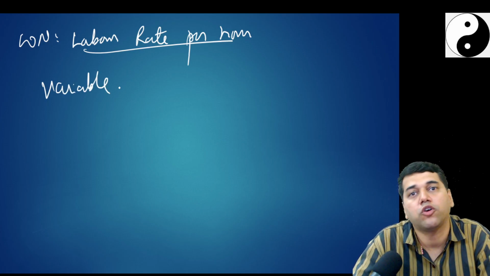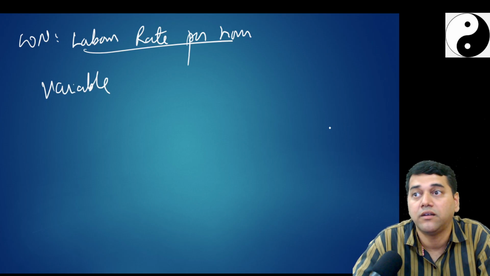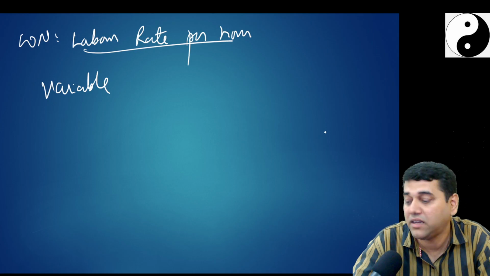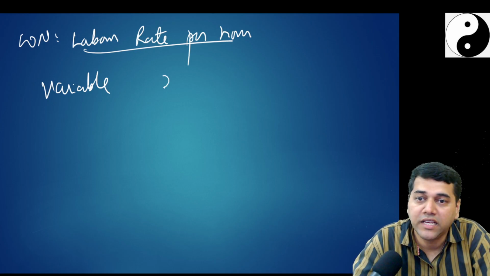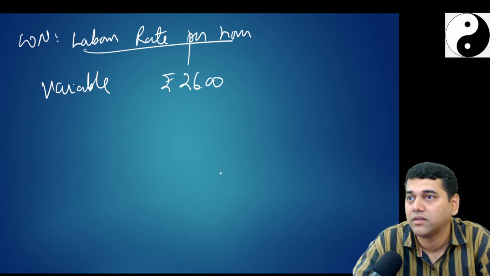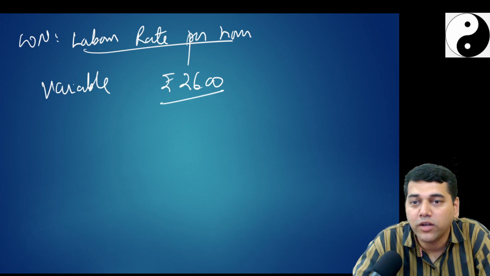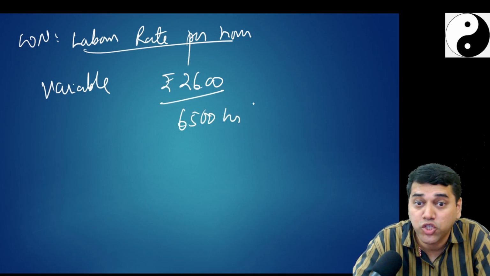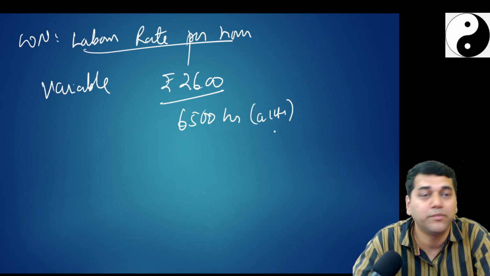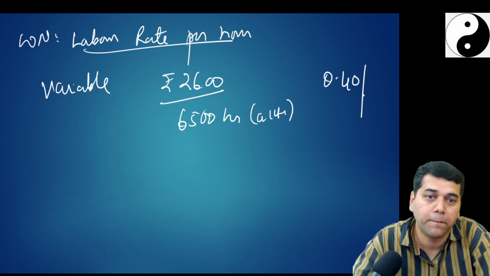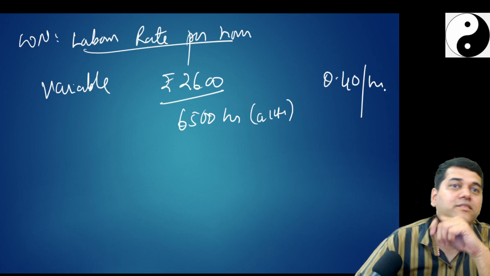How much is my variable overhead cost per hour? I incurred 2600 rupees divided by what? 6500 hours, actual hours, because it's variable. So 0.40 per hour.